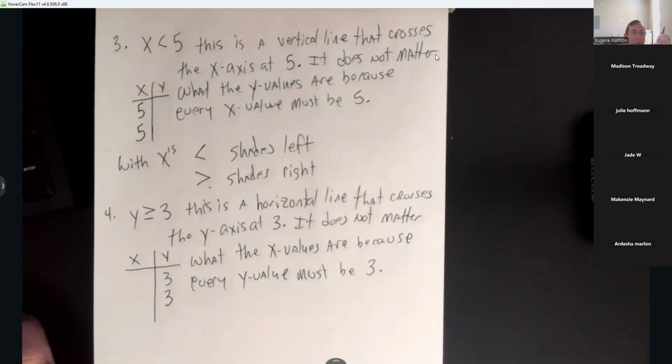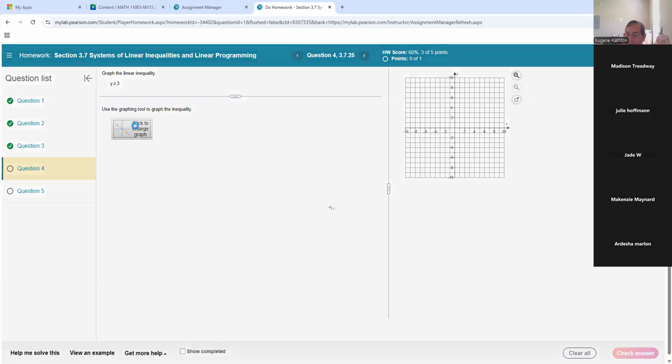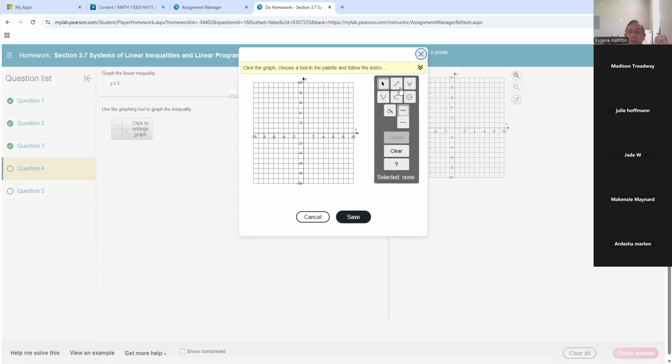All right, y'all, so I'm going to click the enlarge graph, use my line tool. This one has an equals on it, so I'm using the solid line. And I'm going to plot my 2 points. So the y-axis is this vertical y-axis. I'm going to go up to 3, because remember it said it crosses the y-axis at 3 here.